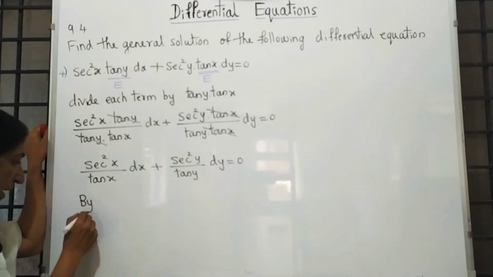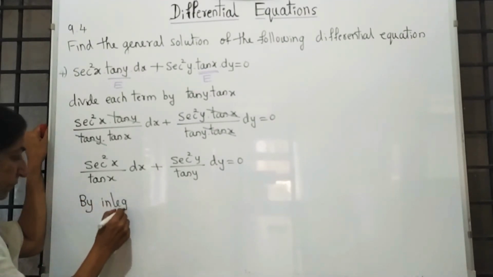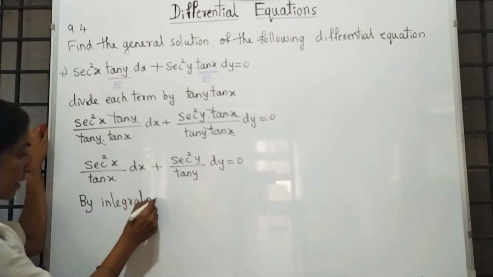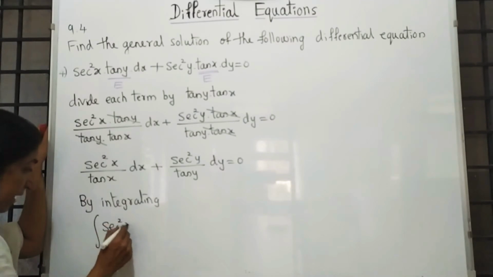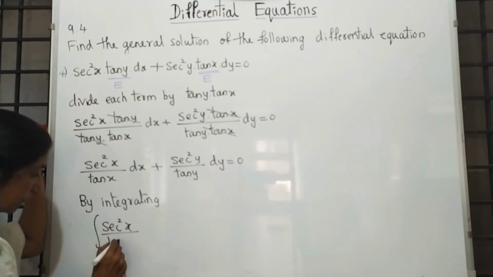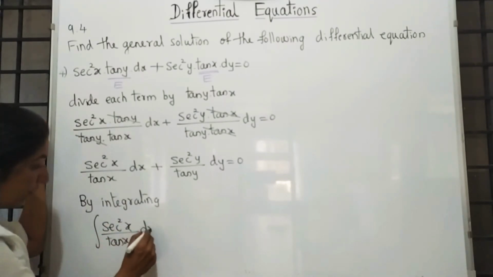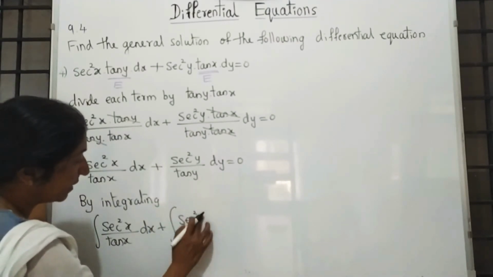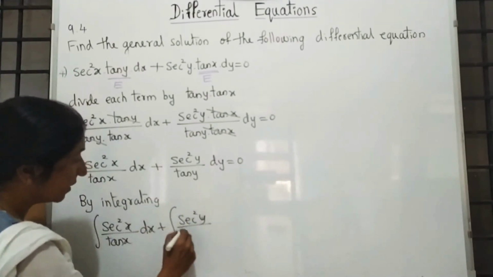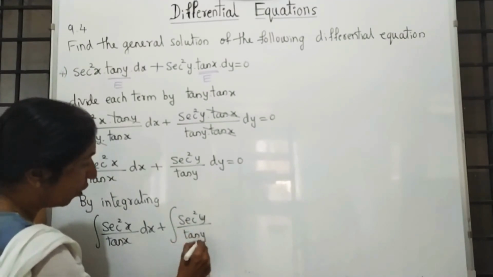Now by integrating, and already we completed the chapter integration, there you are familiar with this integration. If you are familiar with integration, you know that for every term, the answer will be in the form of log.